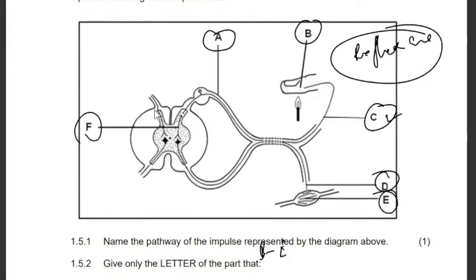Remember that there is a difference between a nerve and a neuron, but it's almost the same thing. One is a little bit bigger than the other. You understand? It's like a big wire, and then small wires inside. So the answer is going to be C, because that's where the sensory neuron is passing, or that's exactly the sensory neuron.